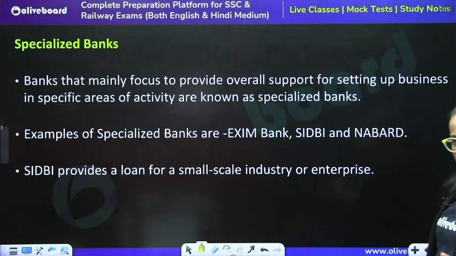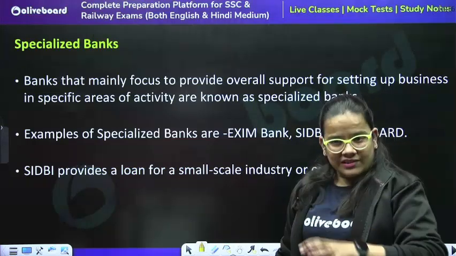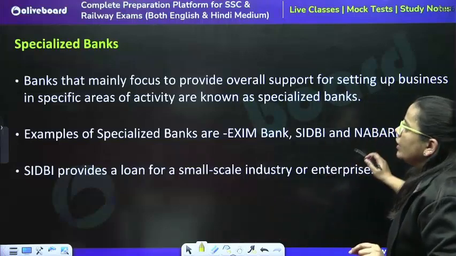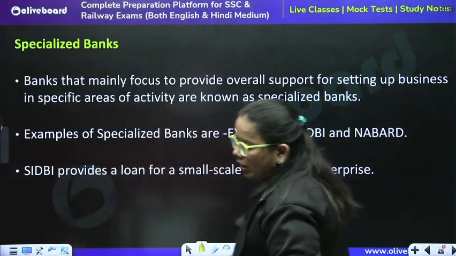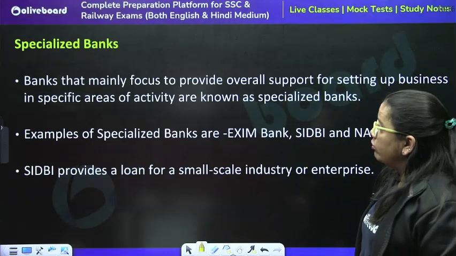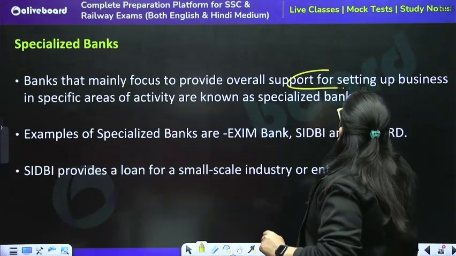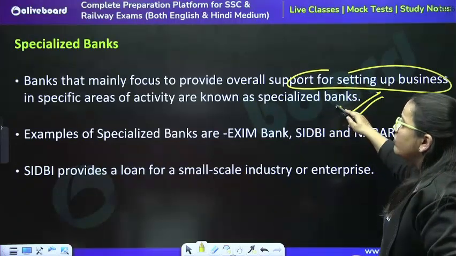So I'm not going to dive into SIDBI or NABARD part, because we are still covering the types of banks. Okay, so that is why specialized banks are also there. Banks that mainly focus on providing overall support for setting up business in a specific area of activity are known as specialized banks.